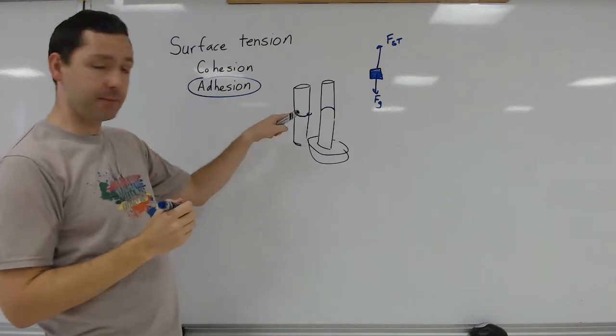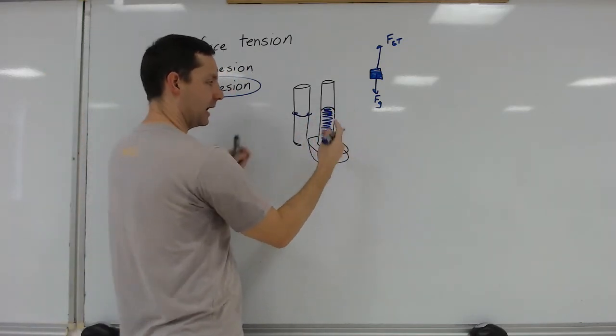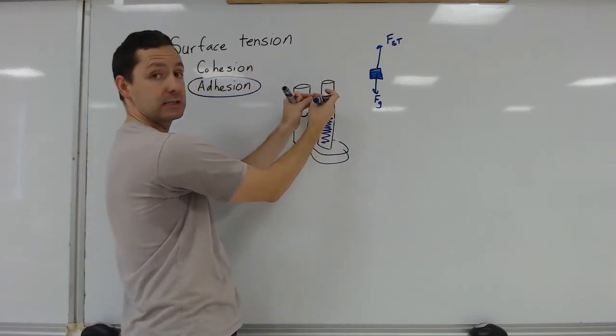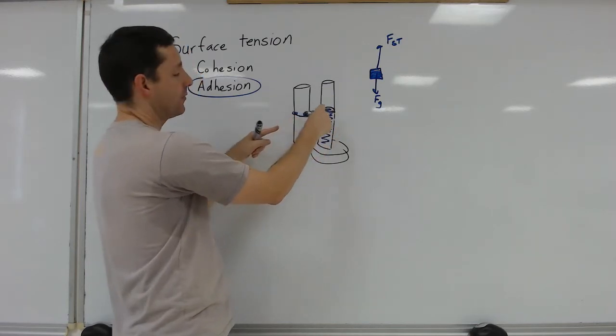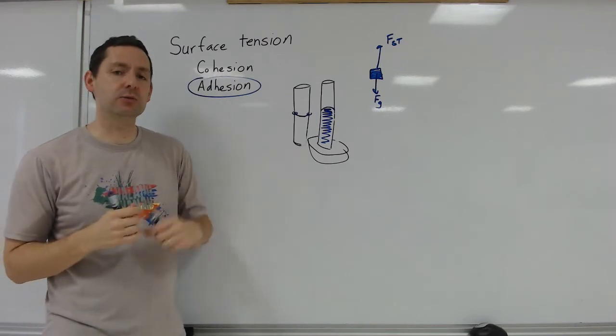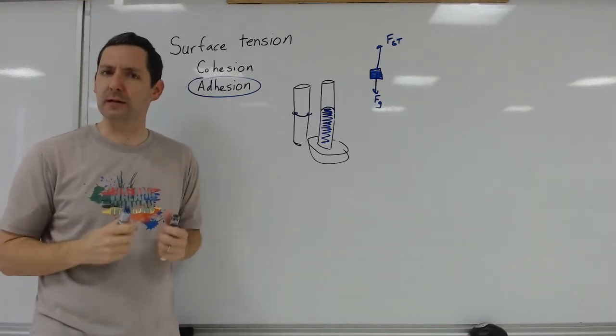It would kind of be an upside down meniscus. The reason why is because the cohesive forces of mercury pulling the mercury particles together is larger than the adhesive forces of the mercury and the glass, which again is another good reason why we use mercury inside of barometers and thermometers and things like that, other than the fact that it's more dense.